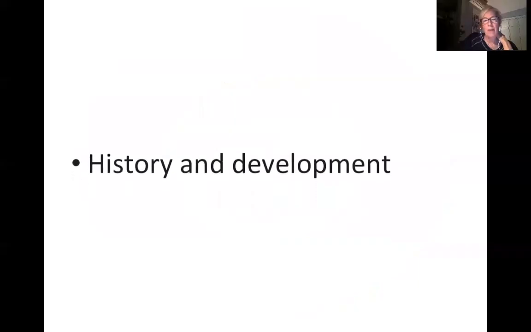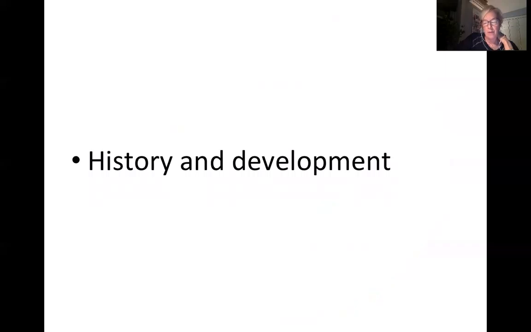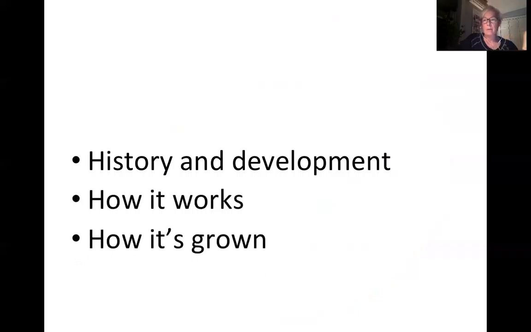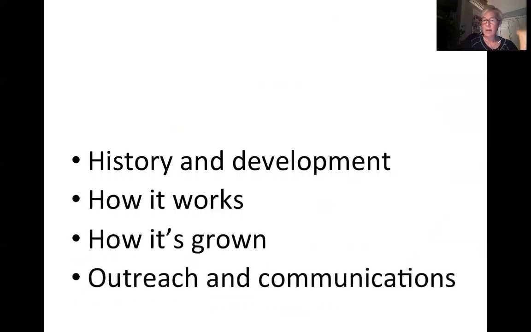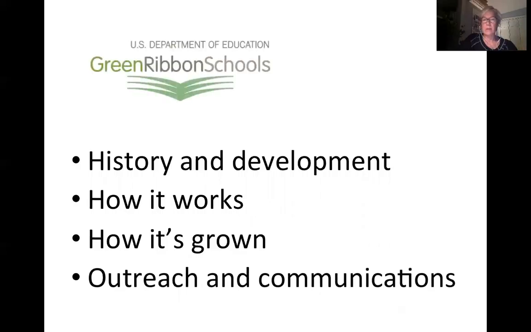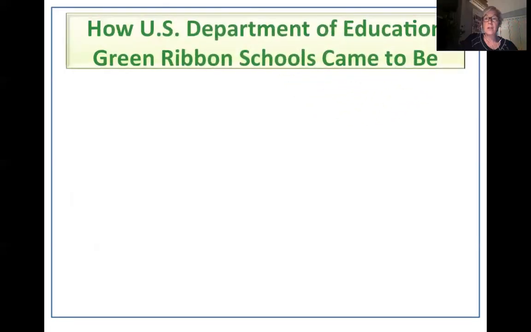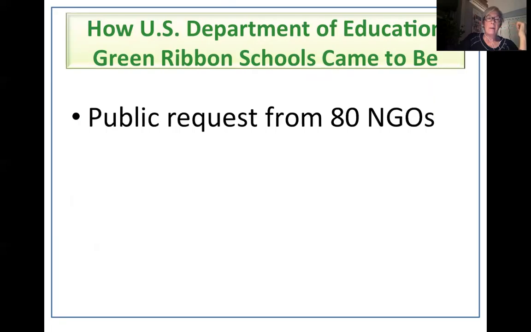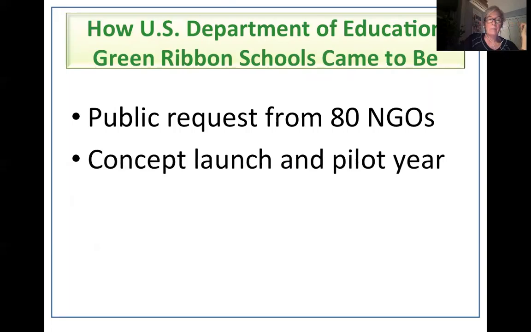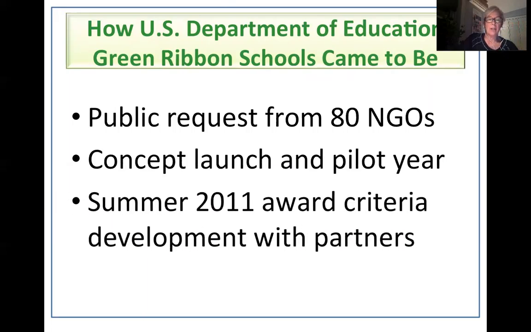So with that, a couple of things we want to talk about in terms of green schools, very briefly: history and development, how it works, how it's grown, not that it's grown much, and outreach and communications and how that works for it. Again, this is a U.S. Department of Education proposal. Basically there was a public request from 80 NGOs that launched this concept with a pilot year.